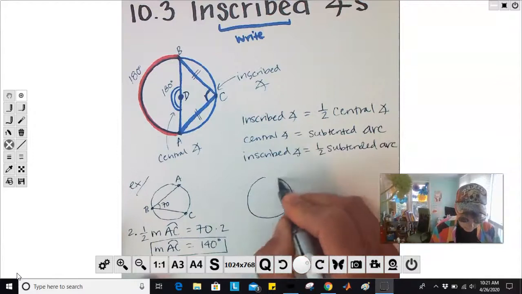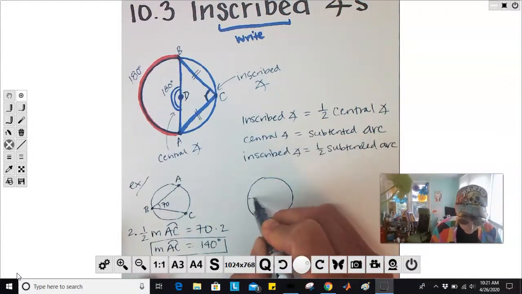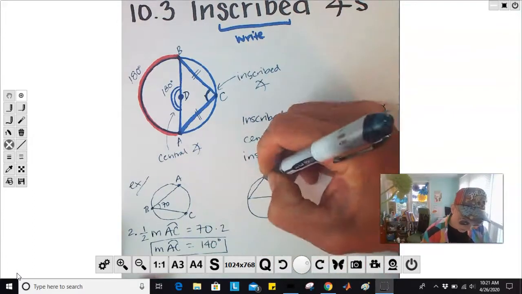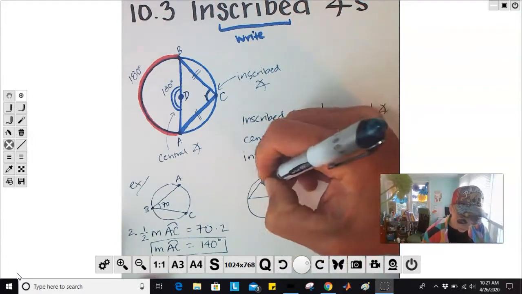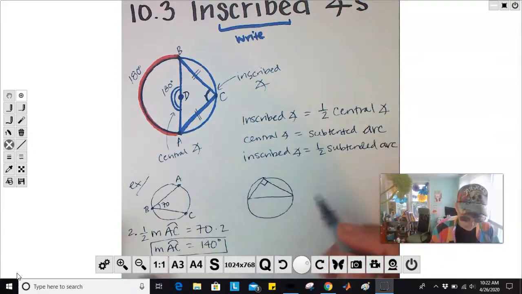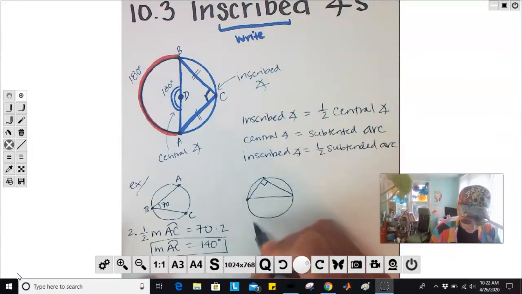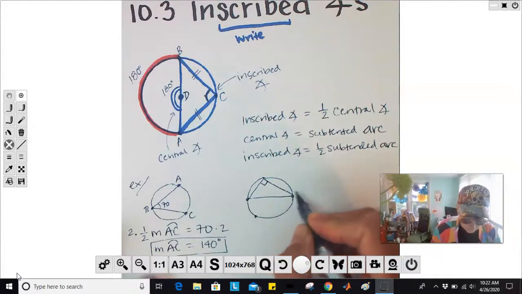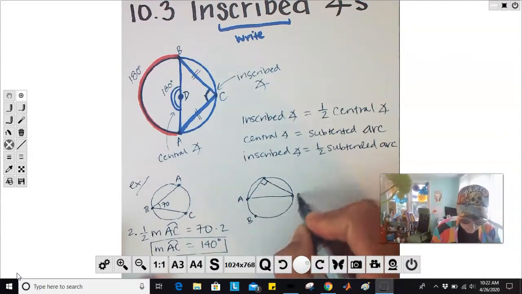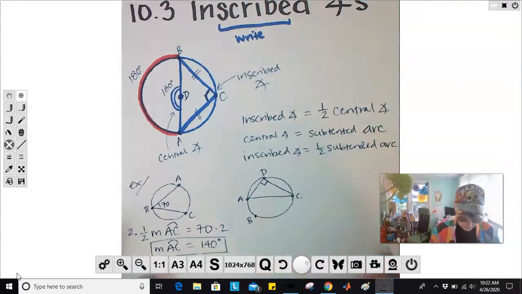Let's do another one. Draw another circle. Let's draw a right angle here. So now our inscribed angle is 90 degrees. Let's put some names around here. A, B, C, D. Let's find the measure of arc ABC.